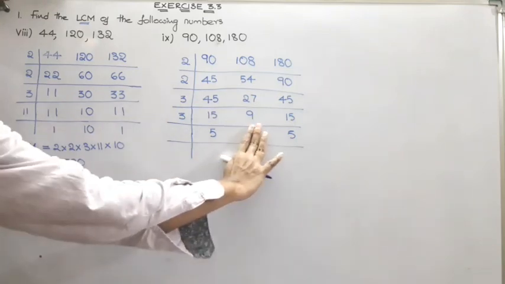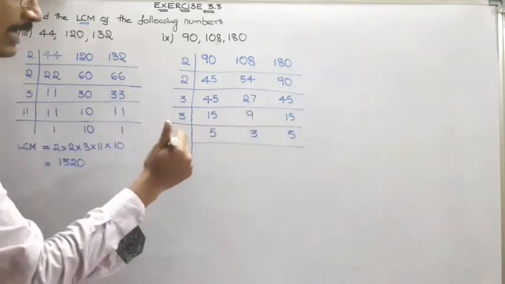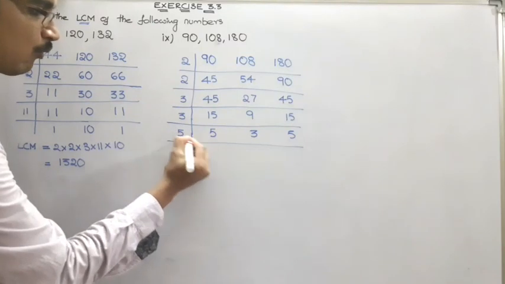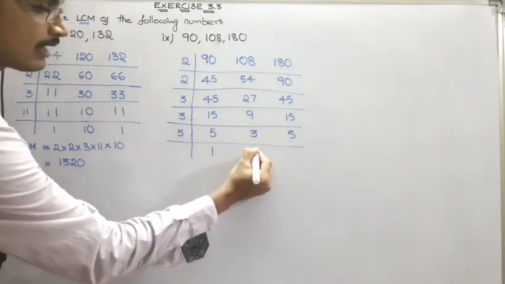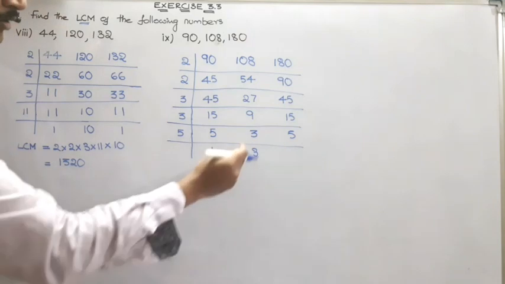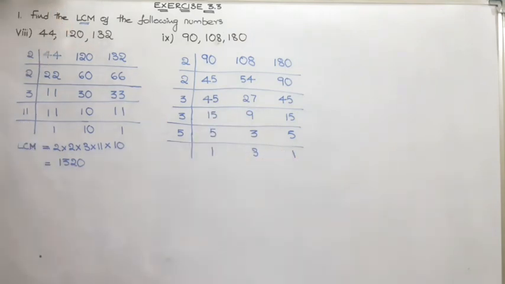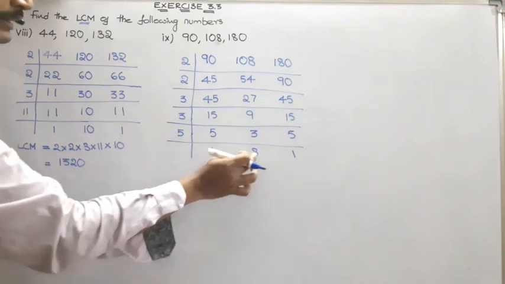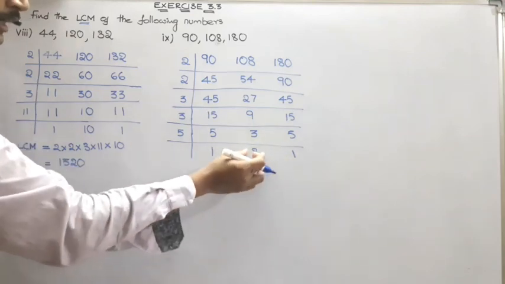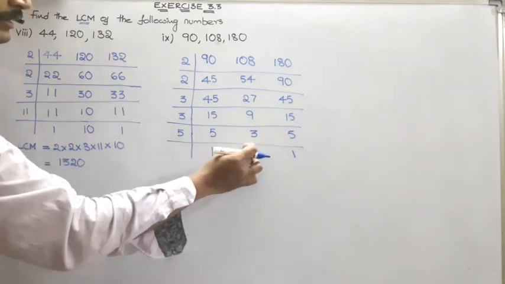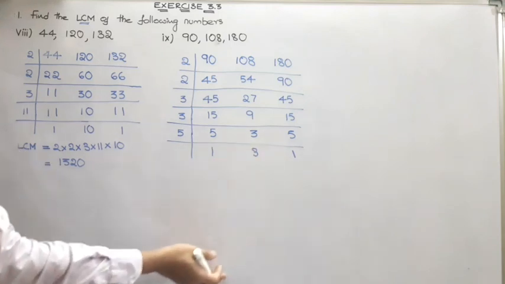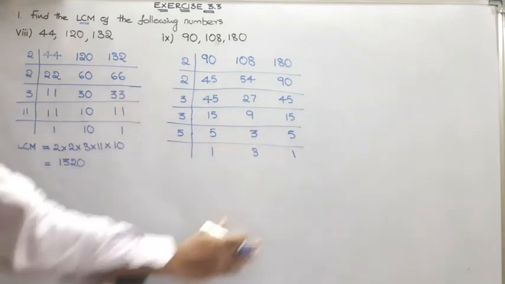Apart from 3, 5 and 5 we can cancel in 5 table. 5 1s are 5, as 3 is not going to be cancelled, we will drop that 3 as it is, and again 5 1s are 5. Now we have the new set of numbers as 1, 3 and 1. That means there is only one number to be divided. Hence, we will stop the process.